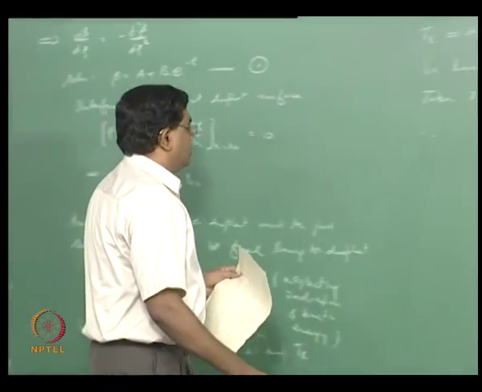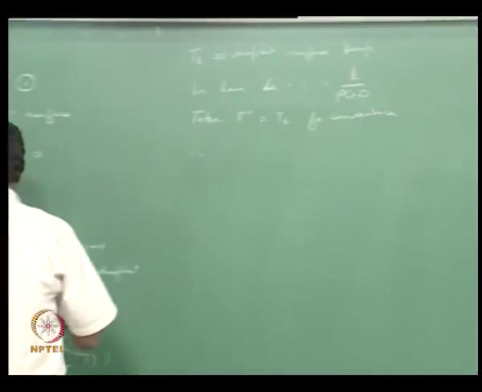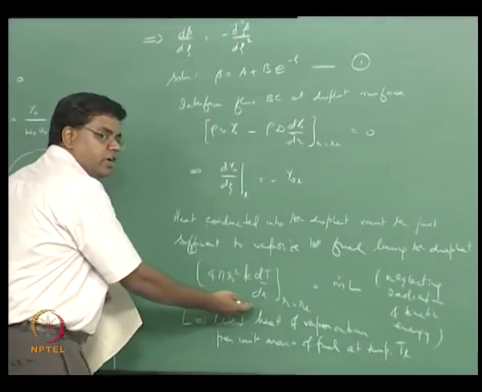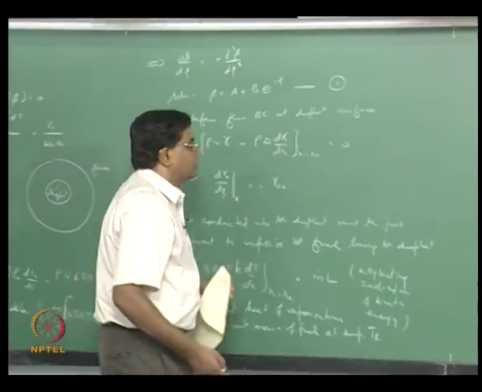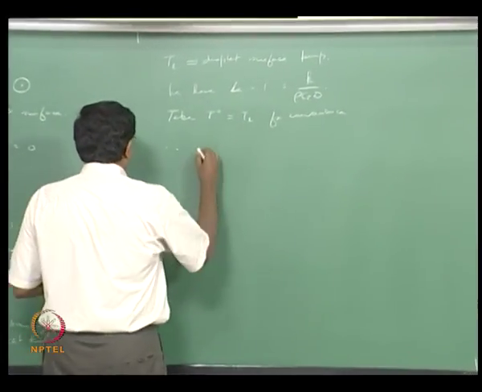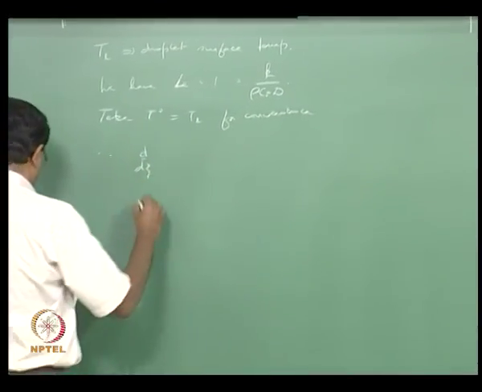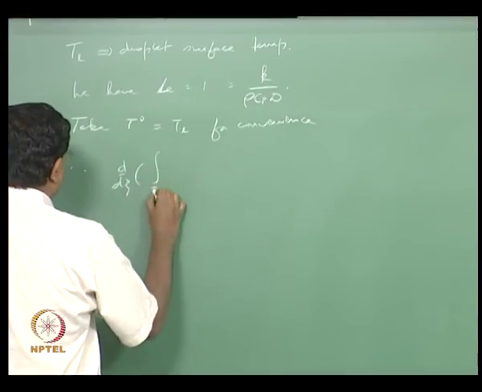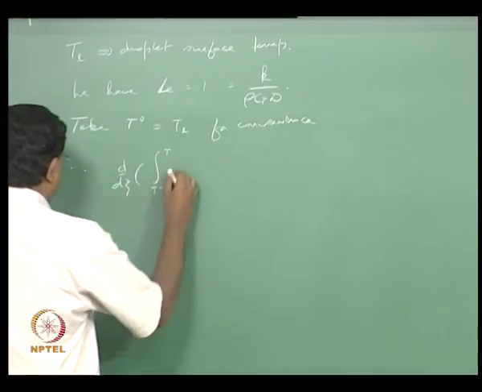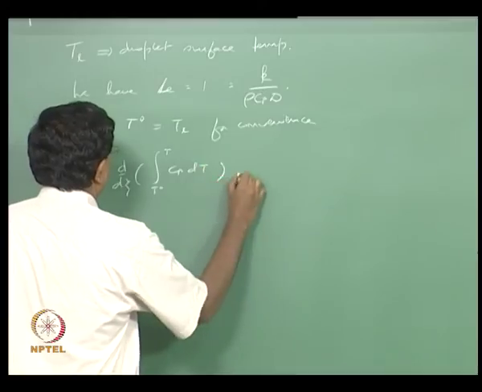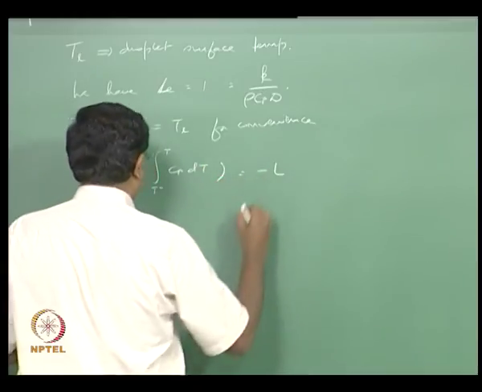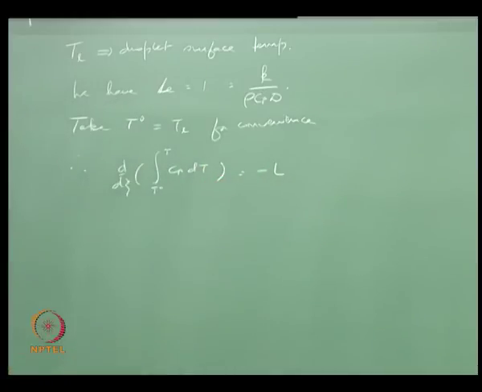And similarly, when you now try to write this in terms of the non-dimensional independent variable psi, you should have d by d psi of the integral from T naught to T of Cp dt equals minus L. That's the reason why you got the negative sign.